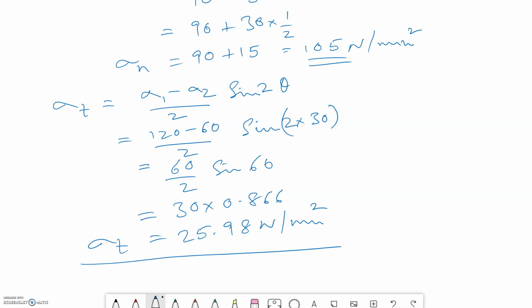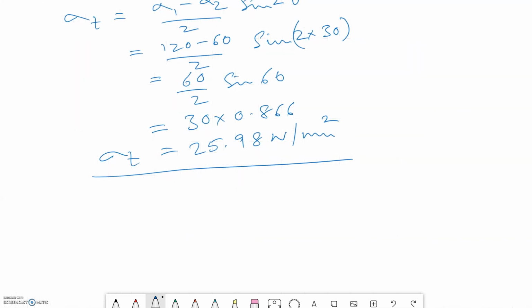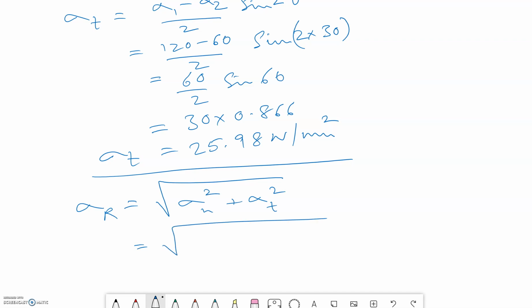Now he's also asking you to find out the resultant. We looked at the formula for the resultant, which is nothing but root of sigma n square plus sigma t square. So sigma n square is 105 square. I have to be careful with my zeros. They look more like 6, but I'm sure you guys won't get confused.